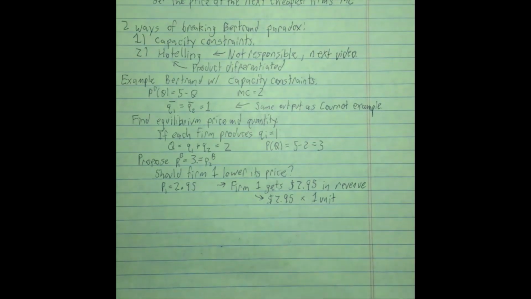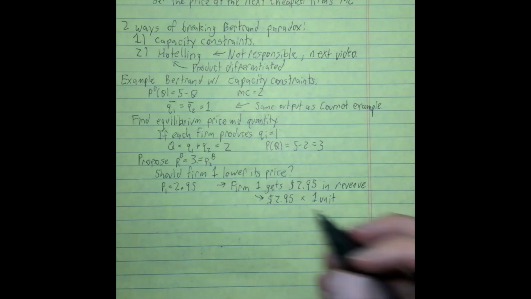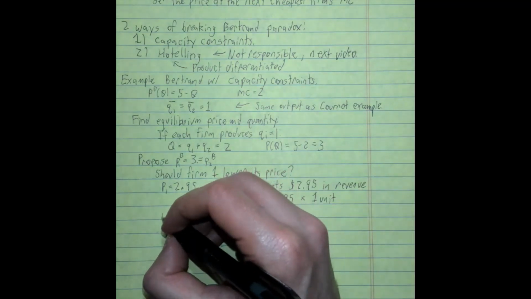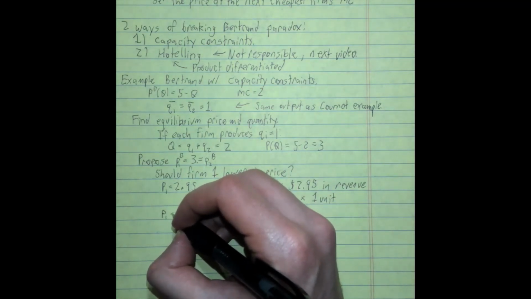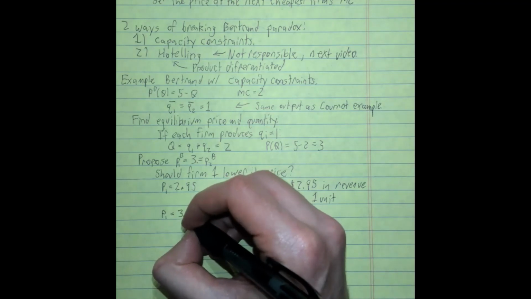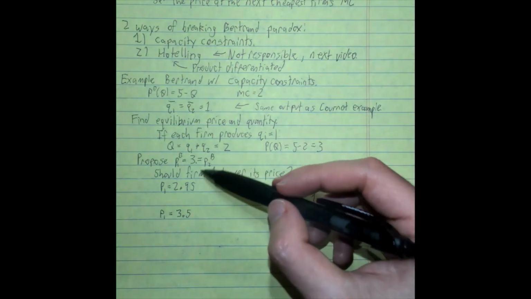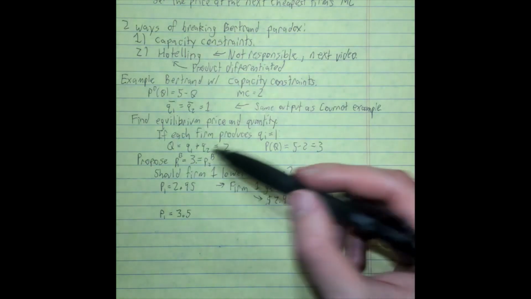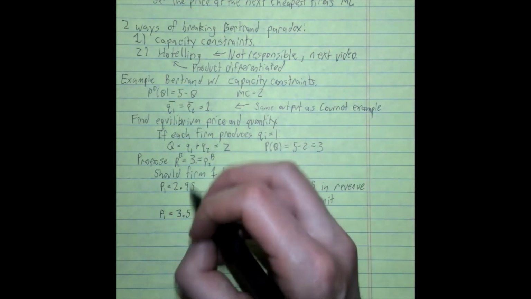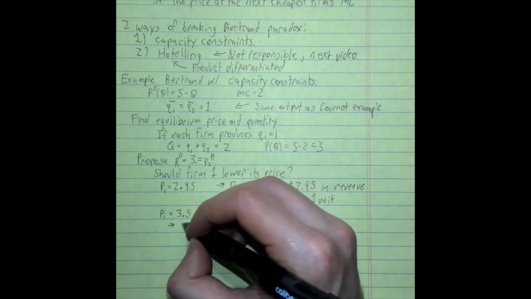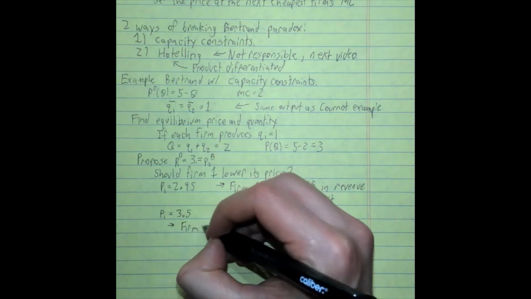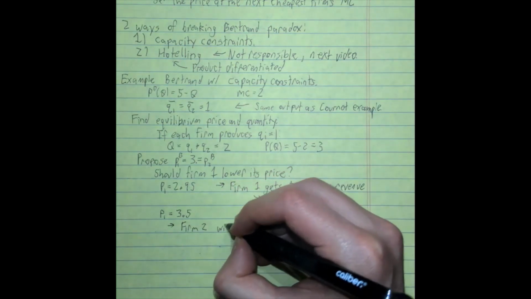Now, suppose firm 1 sets a price of $3.50. So firm 1 is pricing above 3. Firm 2, let's say, is still pricing at 3. What happens? Well, firm 2 will still sell its unit.